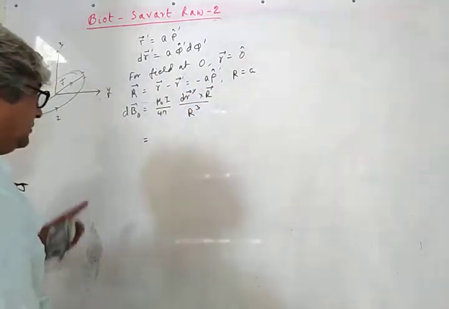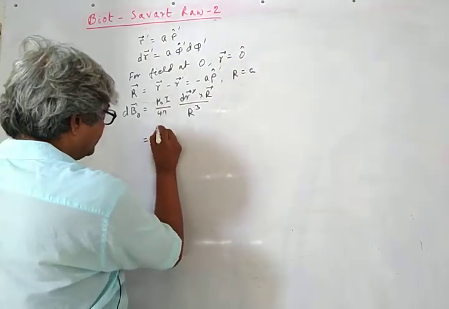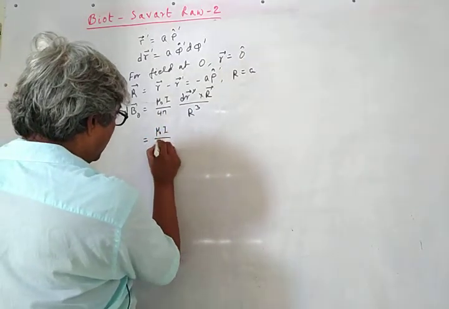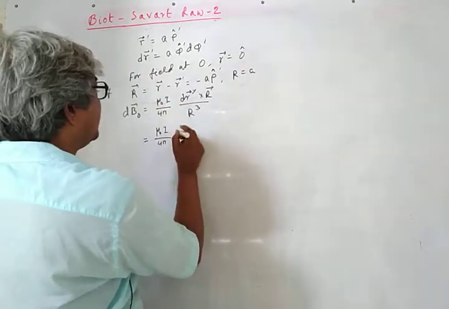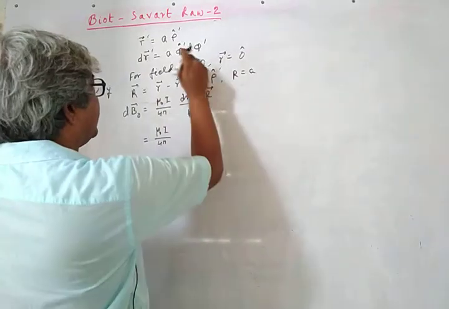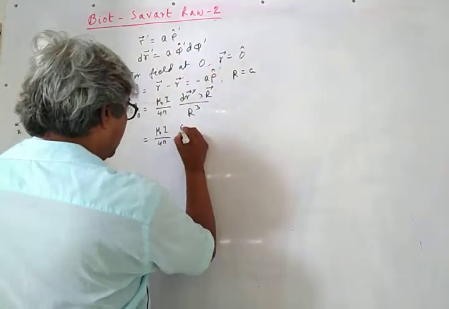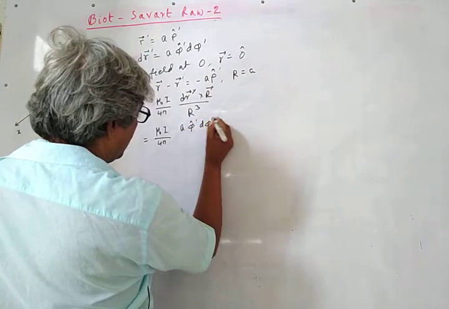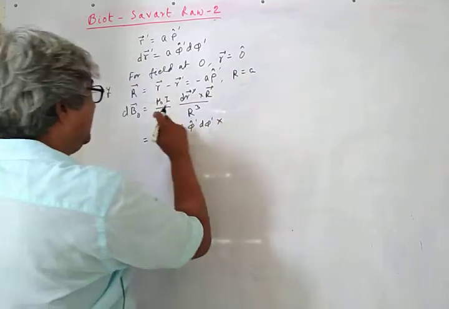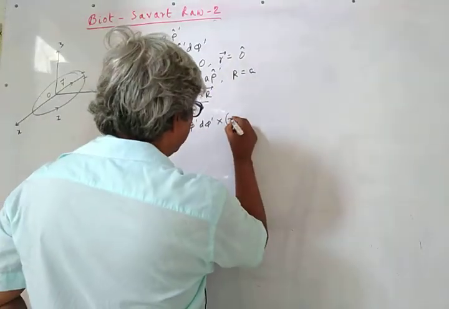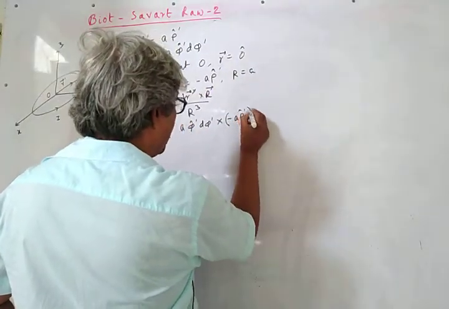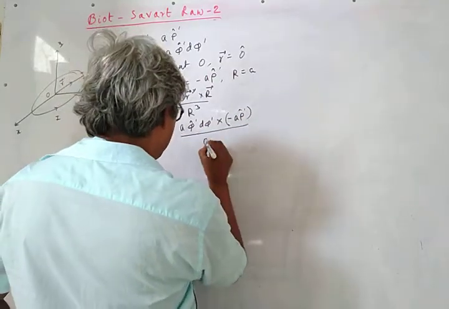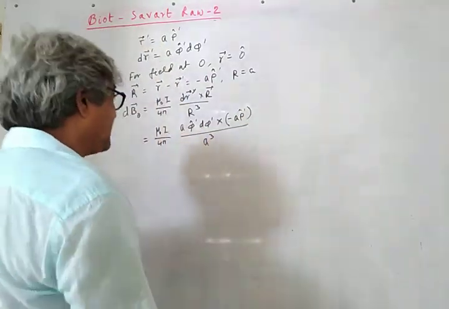This becomes mu 0 I upon 4 pi. For dr prime I write this one, cross, and for R it is minus a rho prime cap by a cube.